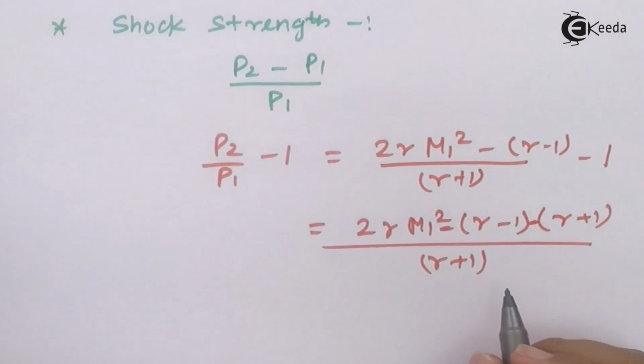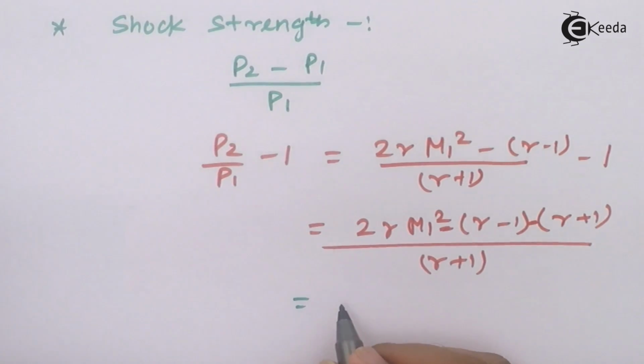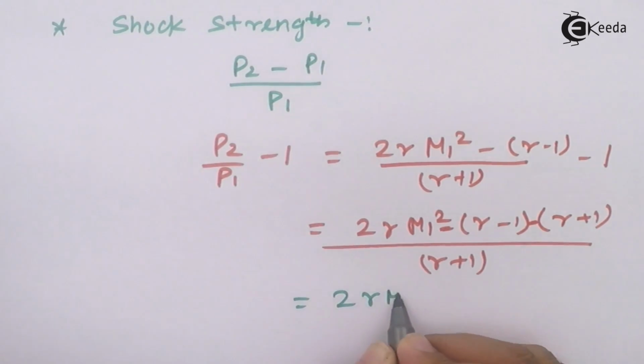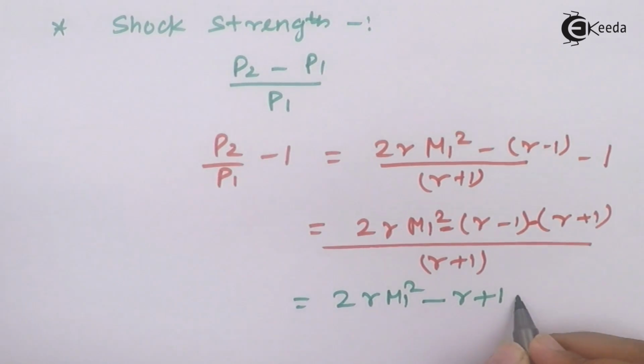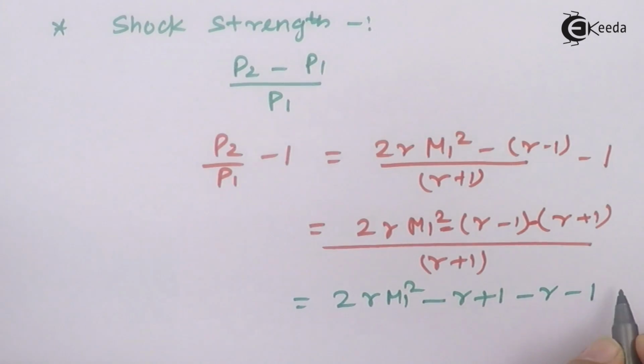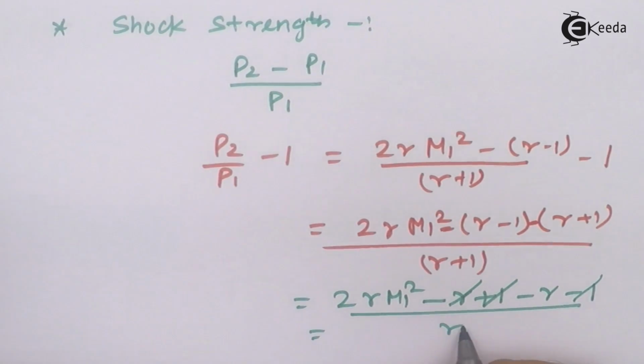So if we open the bracket over here, this will be equal to 2 into gamma into M1 square minus gamma plus 1 minus gamma minus 1. So over here the plus 1 minus 1 will go away, gamma will be remaining, and we'll get this upon gamma plus 1.